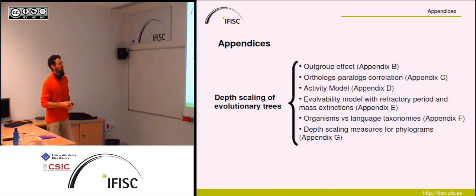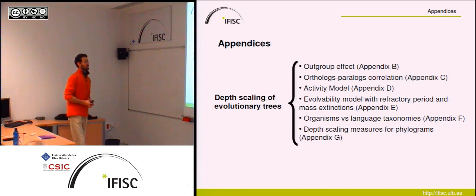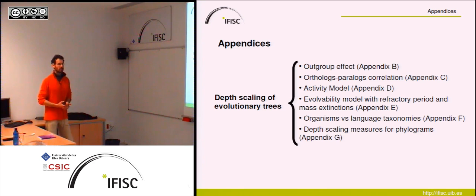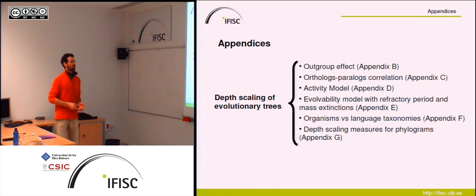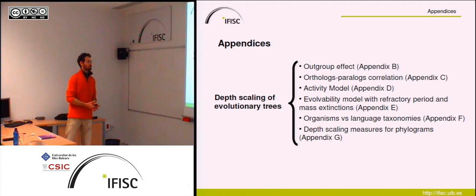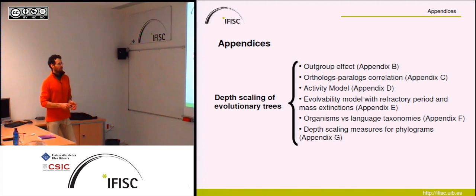In Appendix D, we included a model which is characterized by depicting a non-random depth scaling behavior. In Appendix E, we included an extension of the evolvability model including refractory period and mass extinction events. In Appendix F, we extrapolate the comparison between rank-based and rank-free taxonomic criteria to the characterization of language taxonomies.